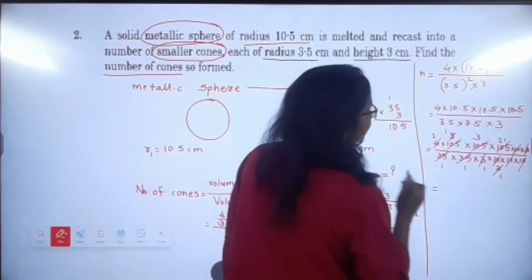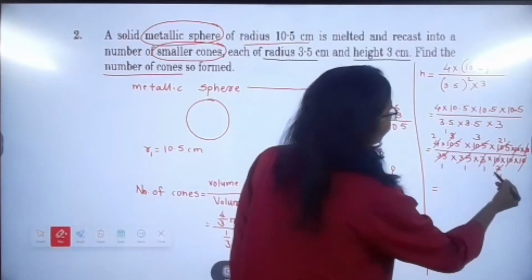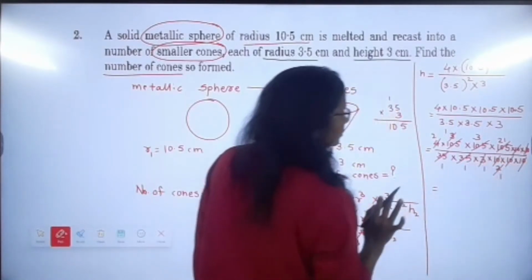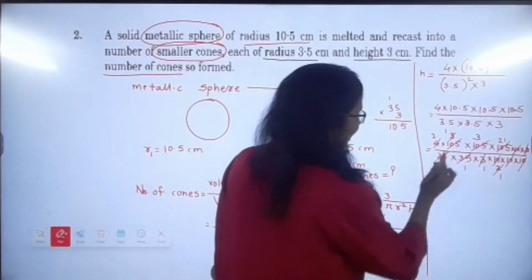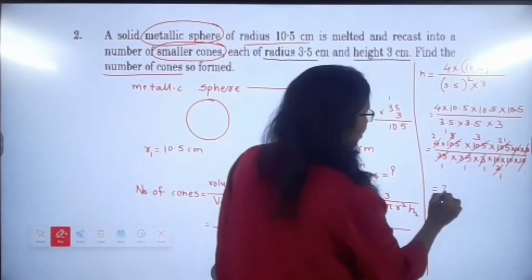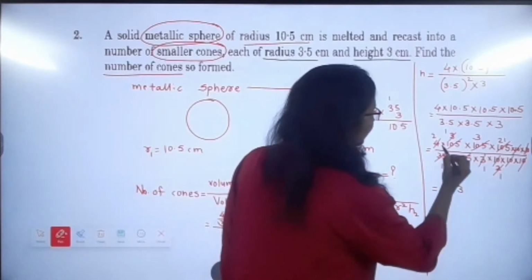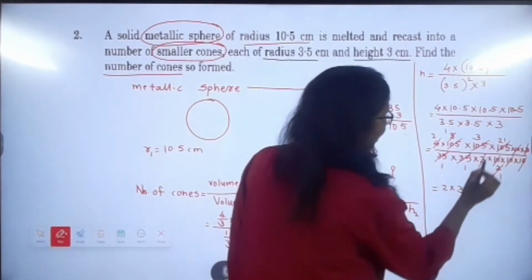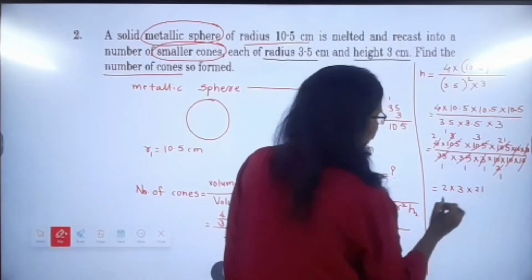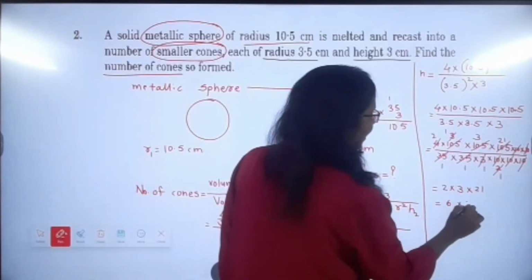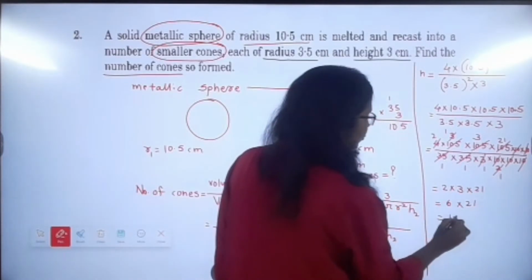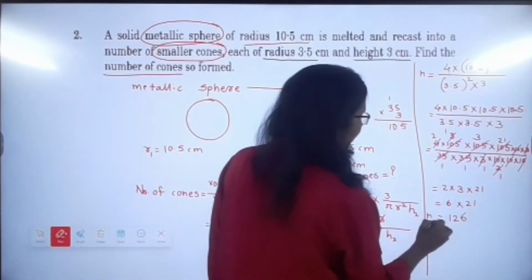So here at the denominator place there is only one remaining, and the upper side is 2 multiply 3 multiply 21. So that means 6 multiply 21, that means 126.